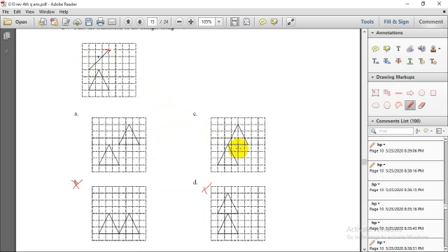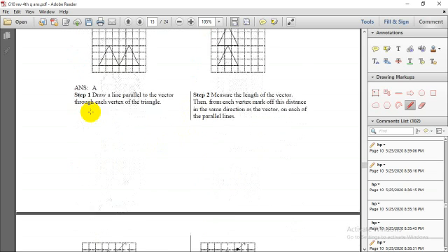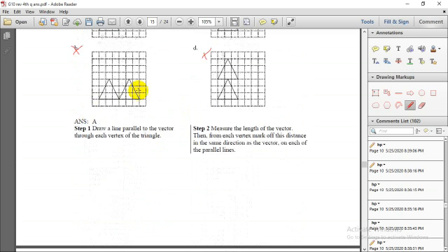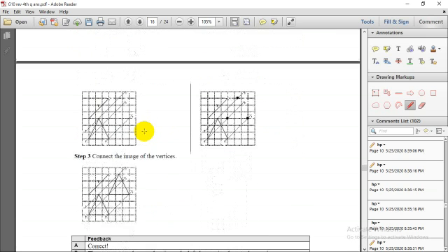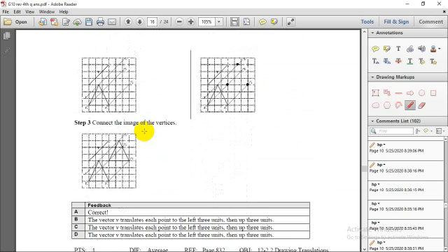Which translation has the same magnitude? You're going to tell me, miss, it's C. Yes, that's right. C. Very good. It's the same magnitude. Okay? So, A is the answer. C is not the same magnitude. Yes, it's the same direction, but it's not the same magnitude. Okay? Very good. Of course, you can solve it by drawing, but you don't need to draw. Okay? Very good.